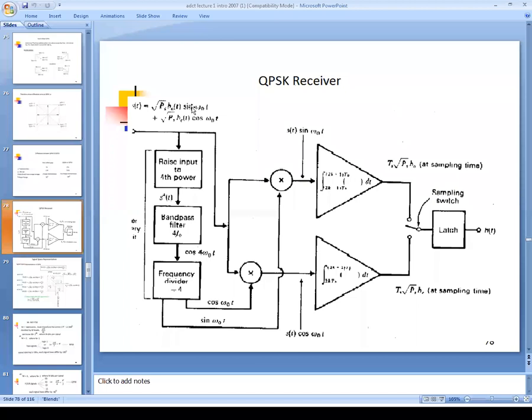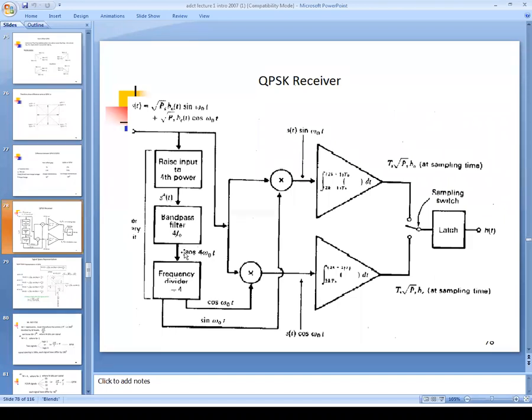The output of the fourth power block is given to the band pass filter.